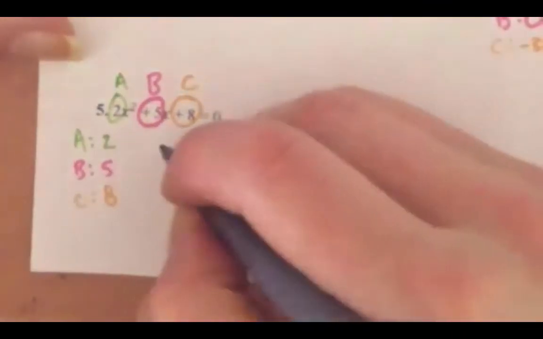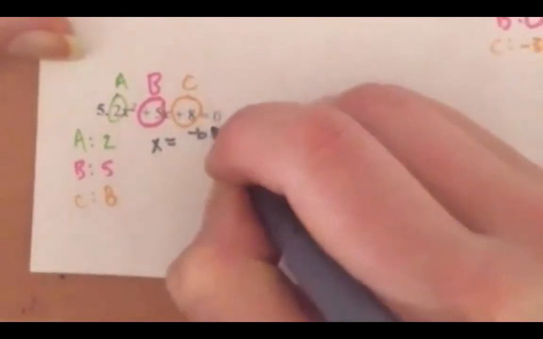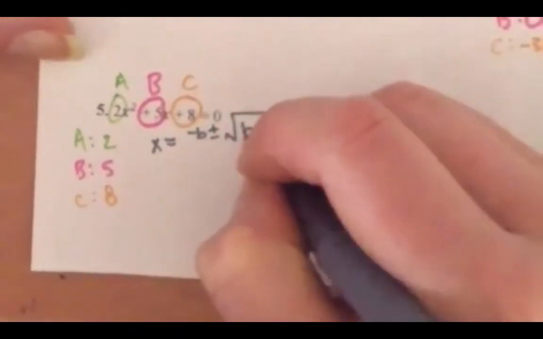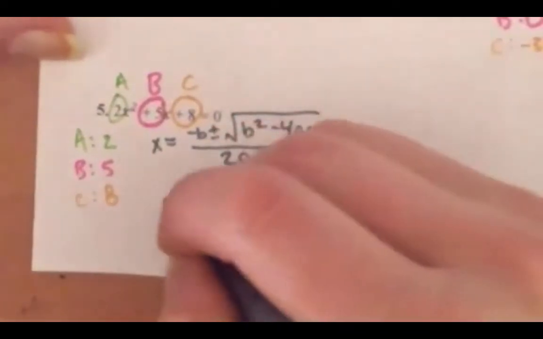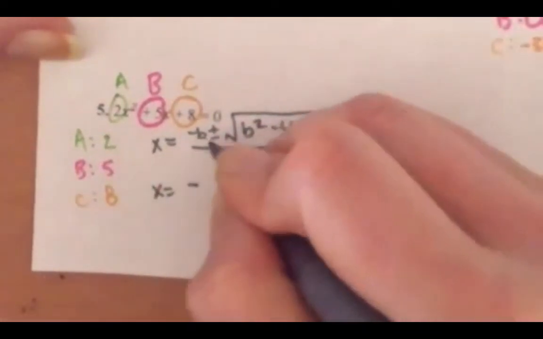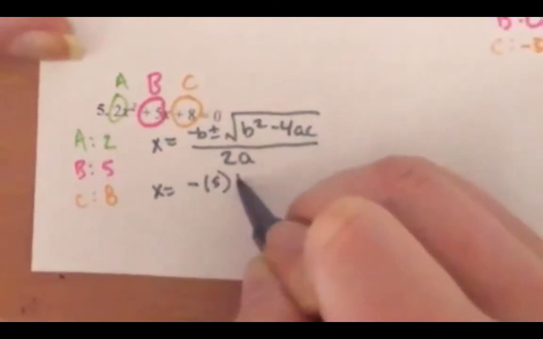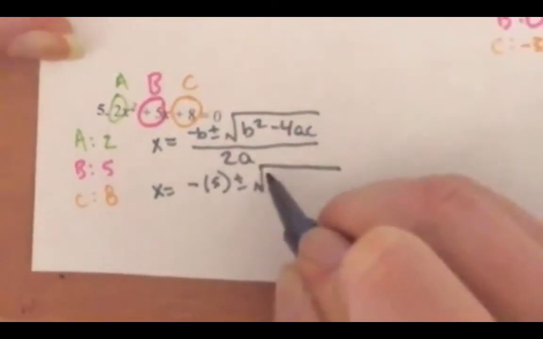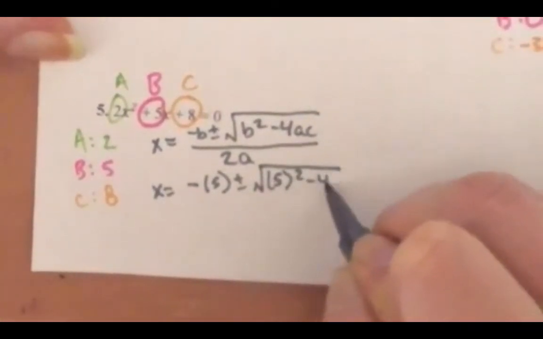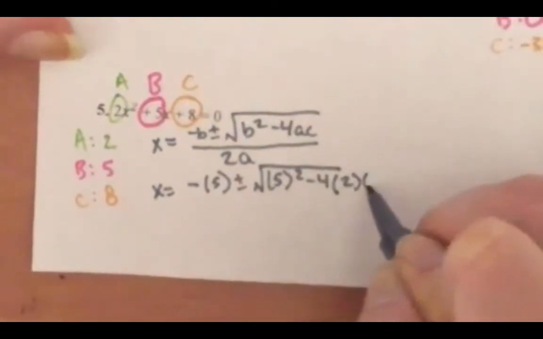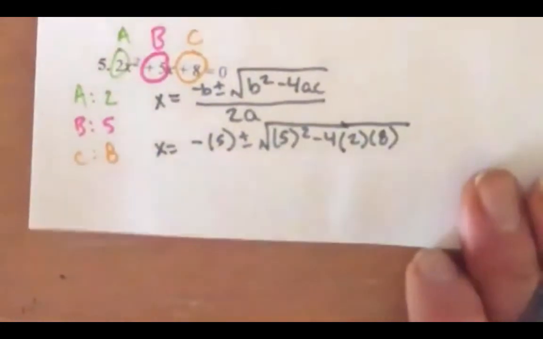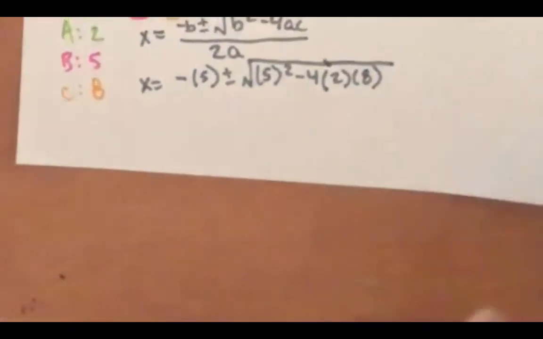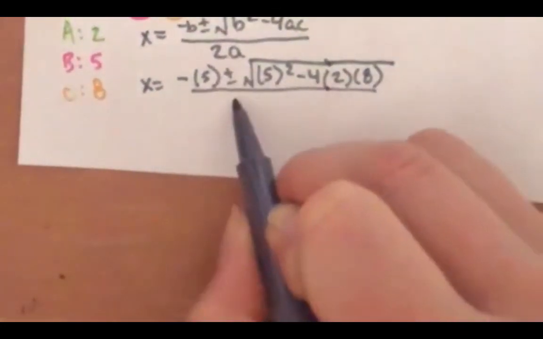So we end up with x equals negative b plus and minus the square root of b squared minus 4ac all over 2a. Plug these in. So negative b gives me negative 5 plus and minus the square root of 5 squared minus 4 times 2 times 8. All over 2 times 2.